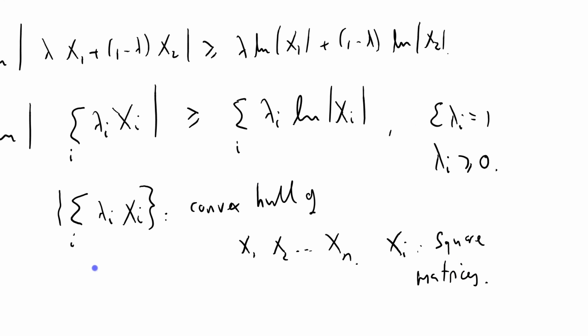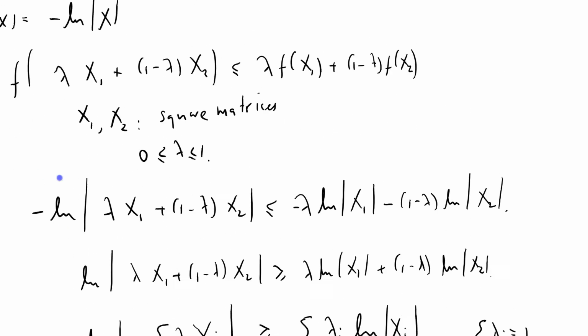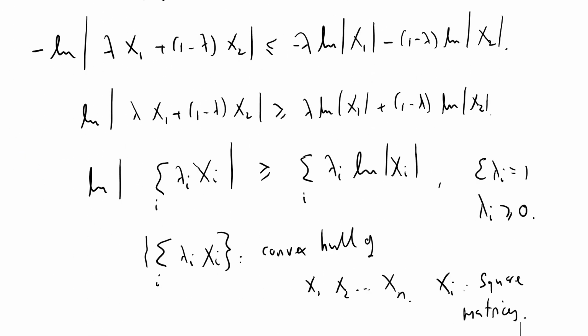Okay, and we're combining Cover's inequality about the log of the determinant of x together with the general statement of Jensen's inequality. That's great, and I'm going to stop there.